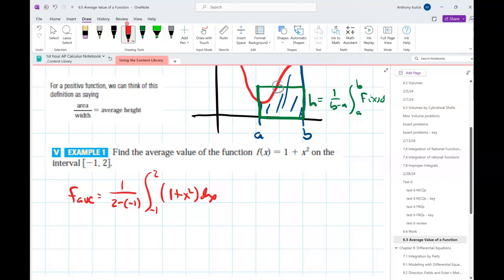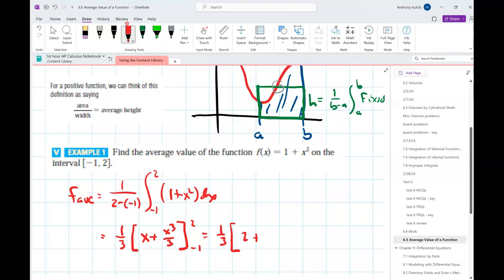So that's it, right? That's our setup. Everybody feel good there? So 1/3, and my antiderivative would be x plus x cubed over 3. So I plug things in.